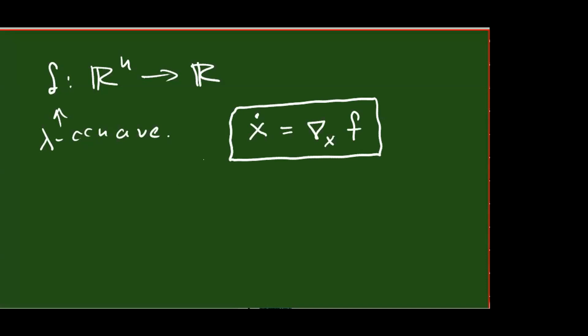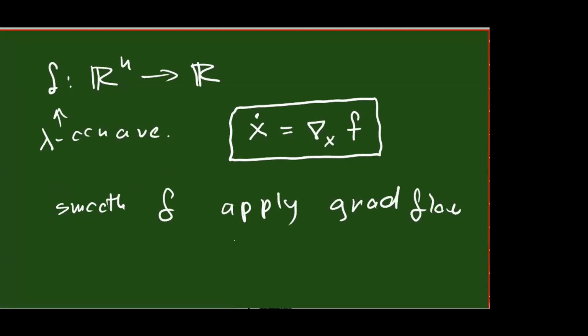And if we work in Euclidean space, we could proceed the following way. We could smooth f, apply gradient flow, and then pass to the limit.